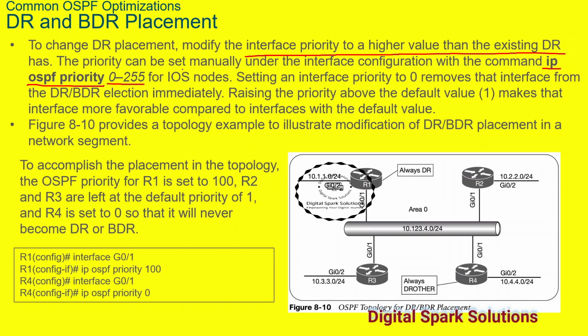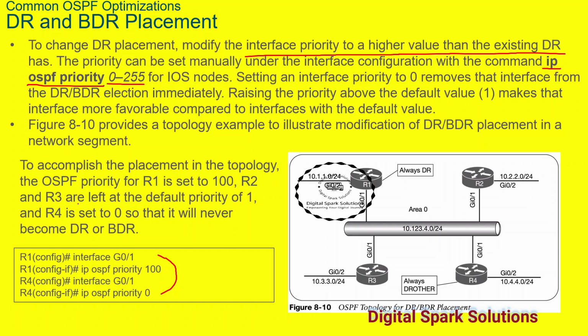Raising the priority above the default value 1 makes that interface more favorable compared to interfaces with the default value. To accomplish the replacement in this methodology, the OSPF priority for R1 is set to 100. These are the configurations.